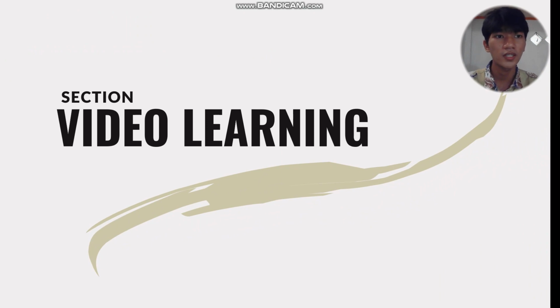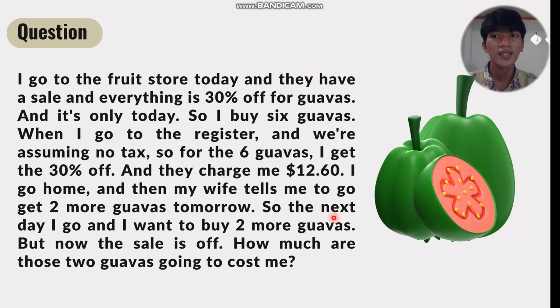Example from video learning. The question: I go to the first store today and they have a sale, and everything is 30% off, including guavas. And it's only today. So I buy 6 guavas.